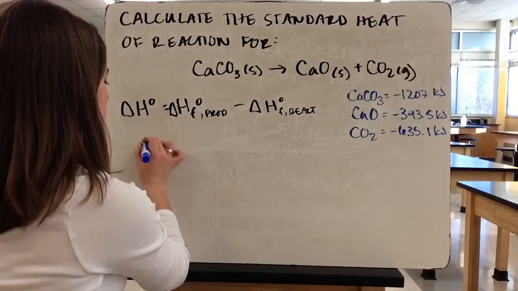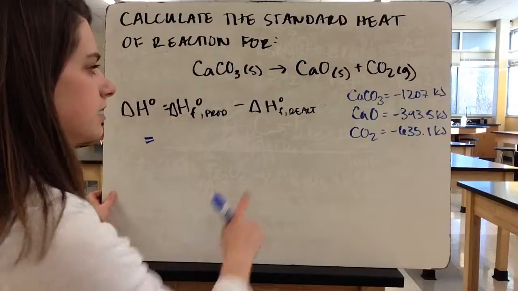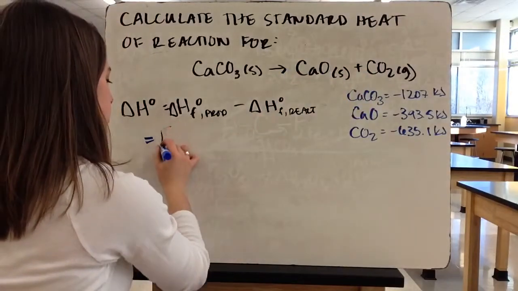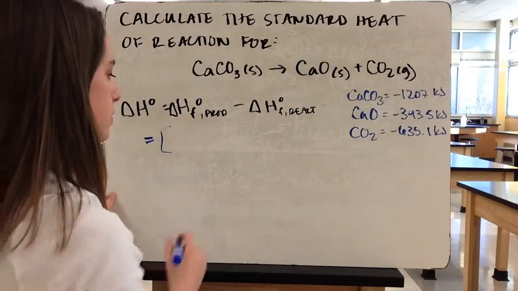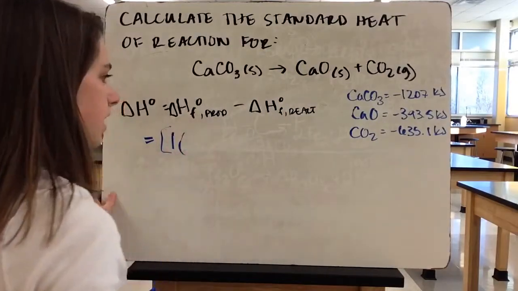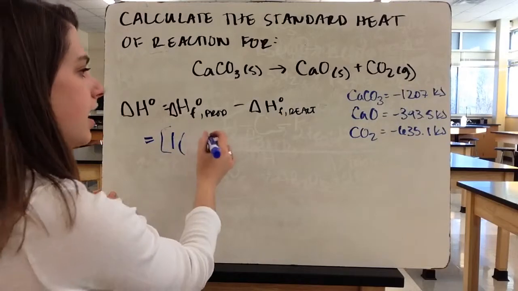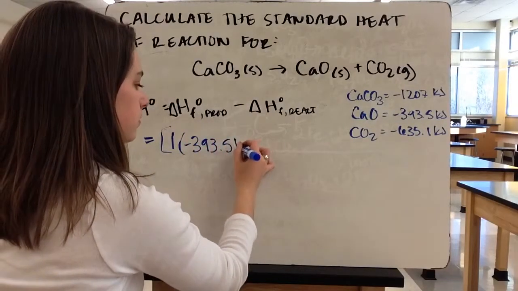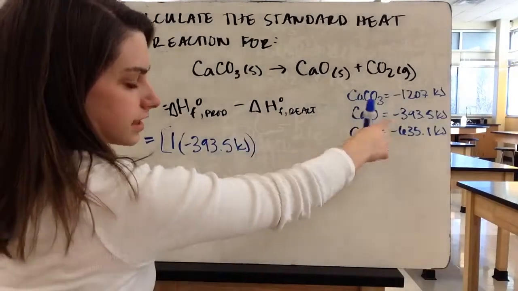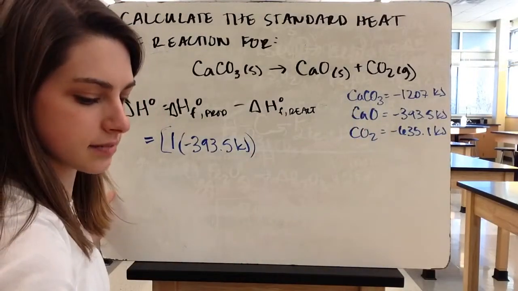So my delta H is always my products minus my reactants. Now I have 2 products in this case, so we're going to take it one at a time. I'm going to do my calcium oxide first. I have 1 calcium oxide, so I'm going to multiply 1 times negative 393.5 kilojoules, because that's my value for calcium oxide.